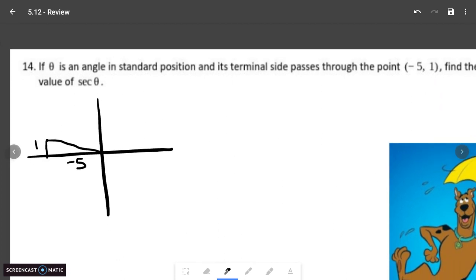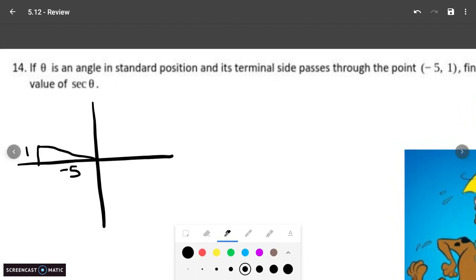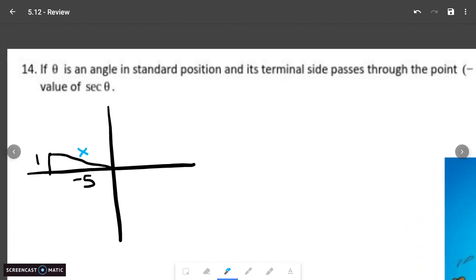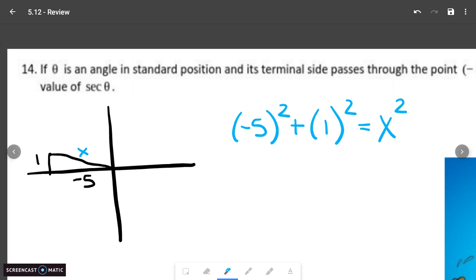Okay. So for this particular one, we have to find the missing side of the right triangle. Whenever you're missing one side of a right triangle, remember we use the Pythagorean theorem. So I'm going to have negative 5 squared plus 1 squared, because the hypotenuse is the missing side.